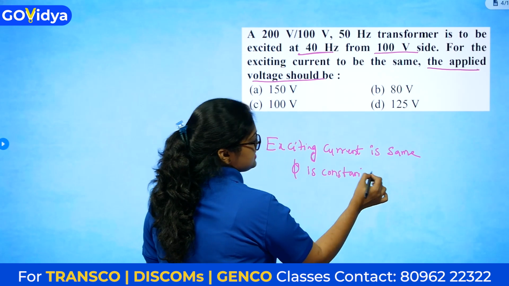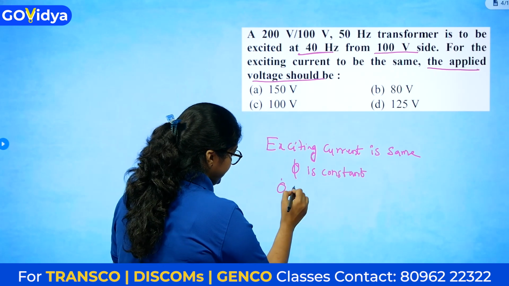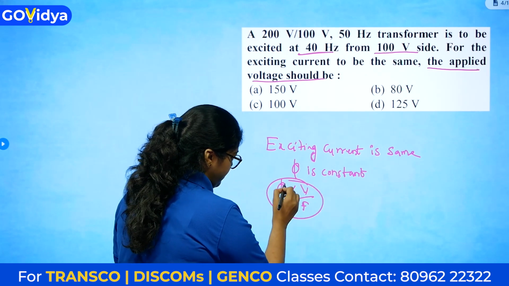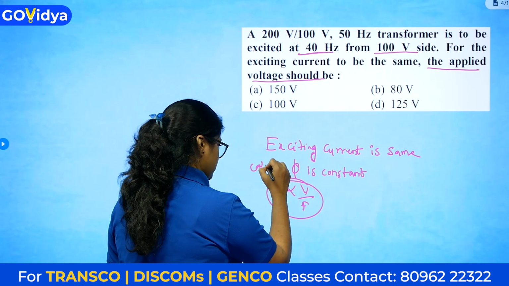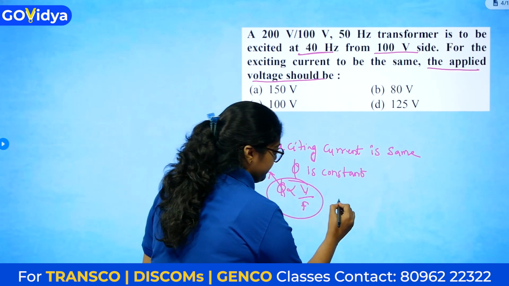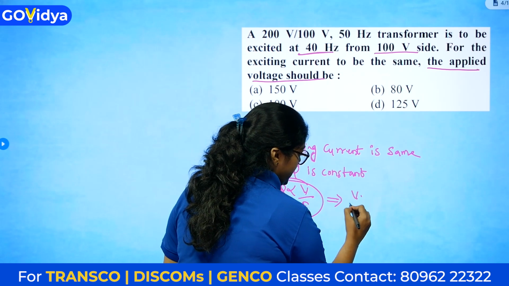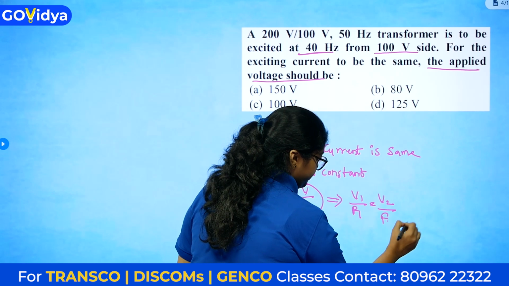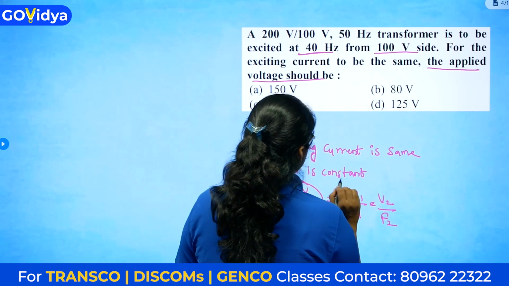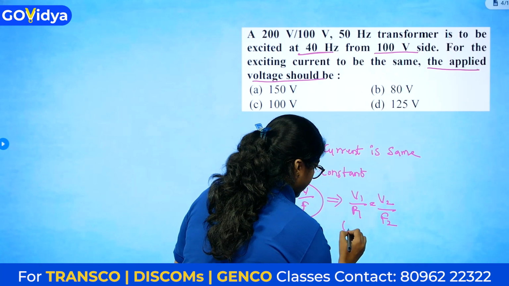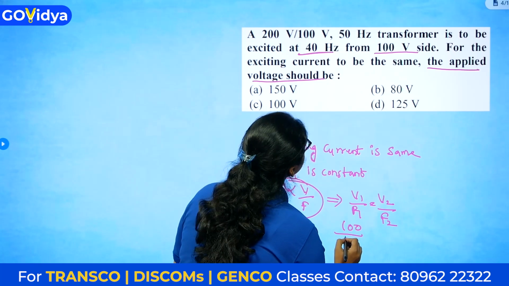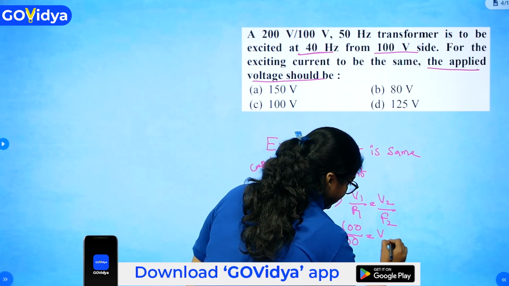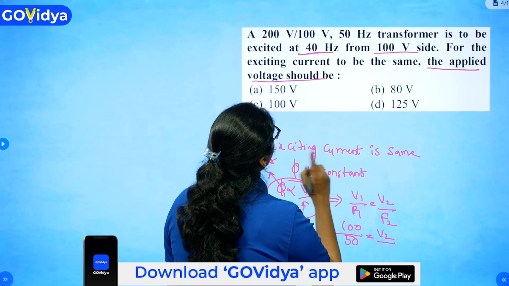As we know, if the flux is constant, then phi is directly proportional to V by F. So from this equation, as flux is constant, I can write V1 by F1 is equal to V2 by F2. So V1 is 100. We have to calculate V2. F1 is 50 Hz. It is operated at 50 Hz, then it has been changed to 40 Hz. So we have to calculate the V2 value. The F2 is now 40 Hz.